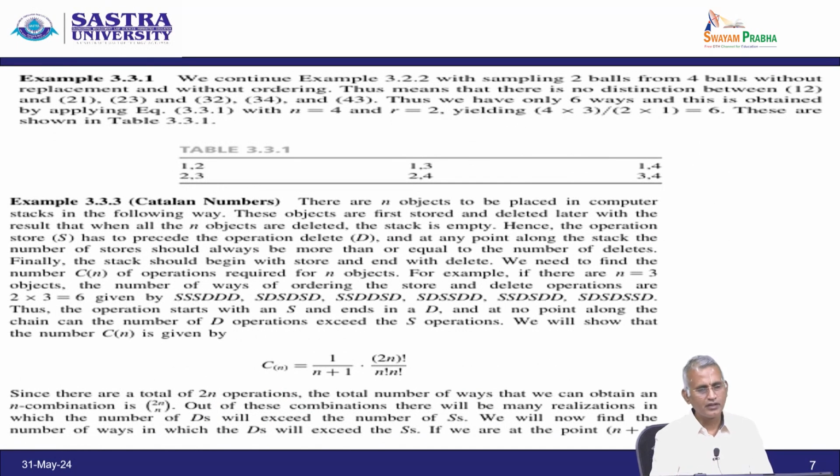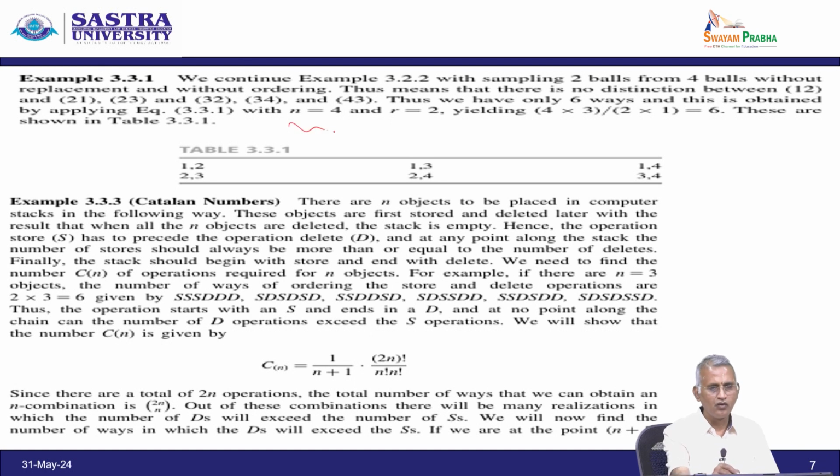Now, let us go with another example. We continue example 3.22 with sampling 2 balls from 4 balls without replacing and without ordering. This means that there is no distinction between 12 and 21, 23 and 32, 34 and 43. Thus we have only 6 ways, and this is obtained by applying equation 3.31.